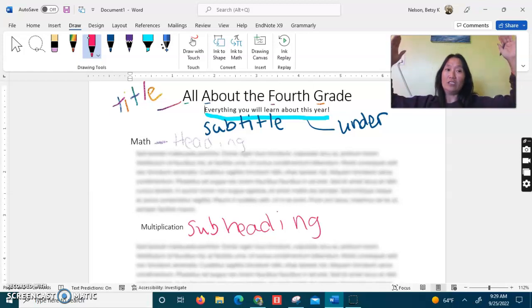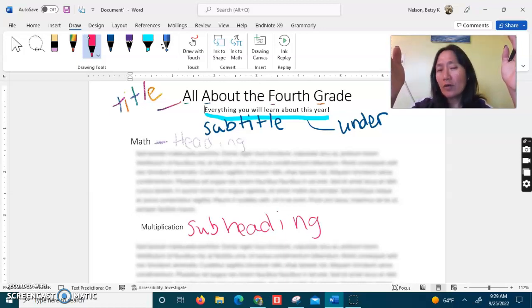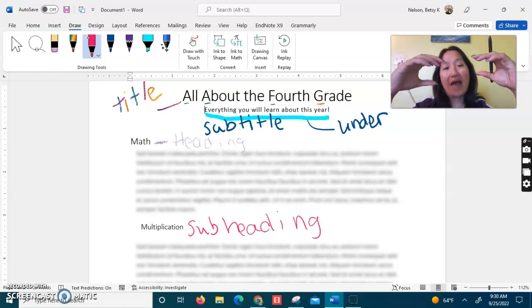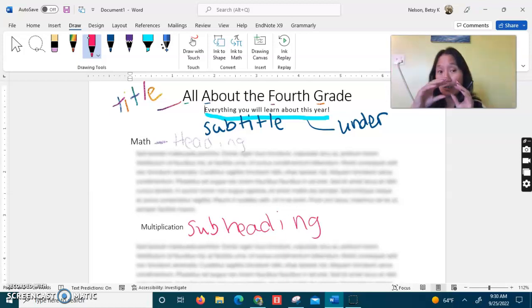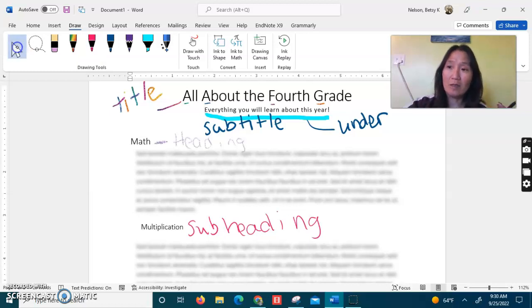So we have title is our big topic, huge, covers everything. Subtitle, which kind of tells us what you are going to do within that big topic. Then we start narrowing it down to topics underneath of our big topic. So fourth grade, we can talk about math. Well, that's huge. So let's talk about multiplication, because that is under math, so we're very specific.